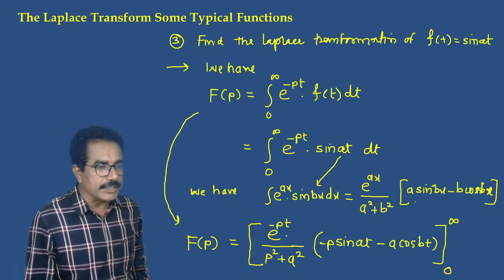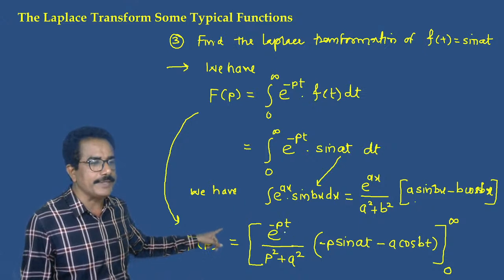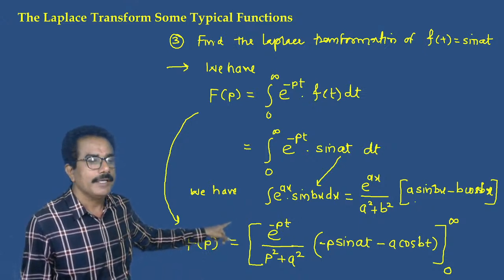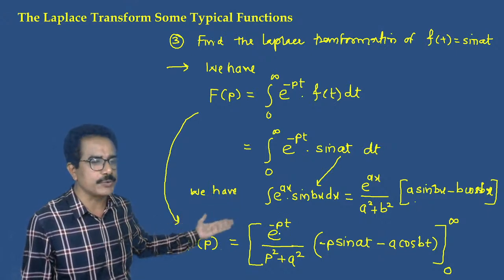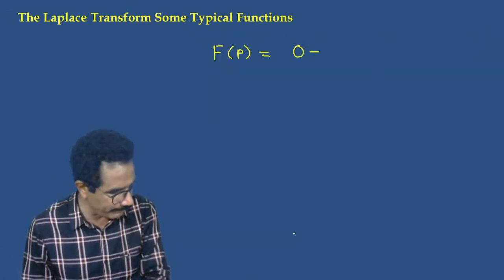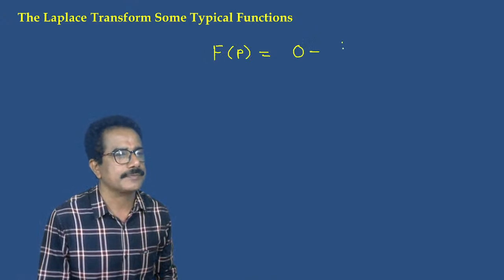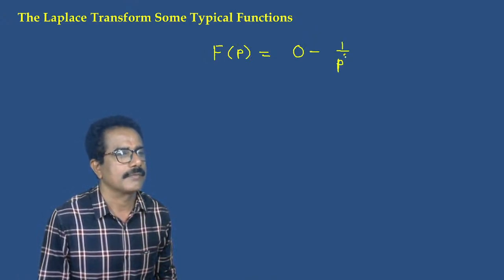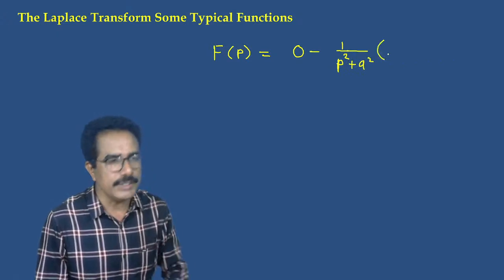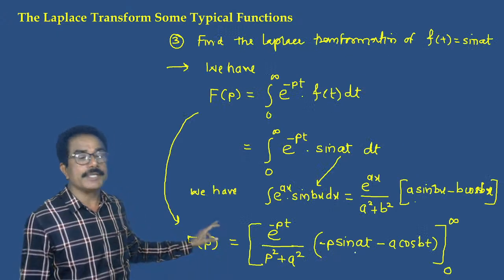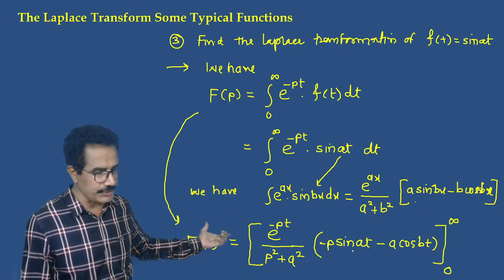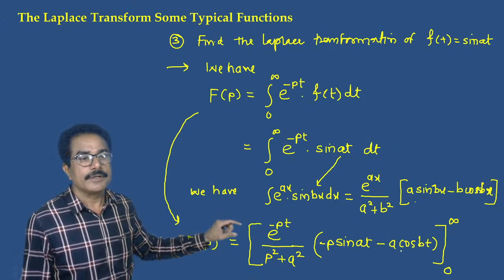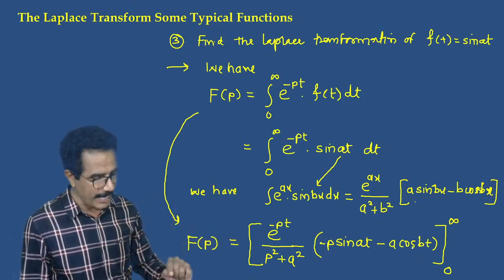If we put t is equal to 0 in the first term, then we will get numerator e raised to 0 means 1, upon p square plus a square, into, again if we put 0, sin a into 0, sin 0 means 0, cos 0 means 1.